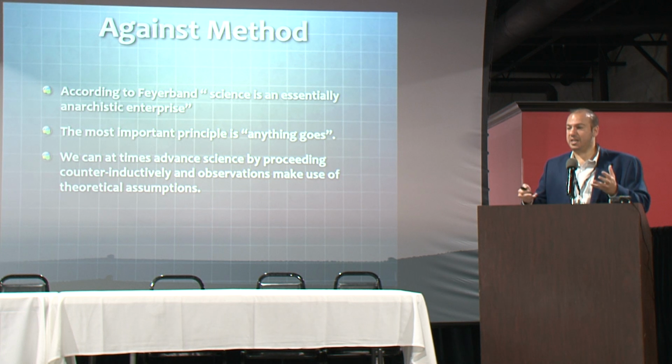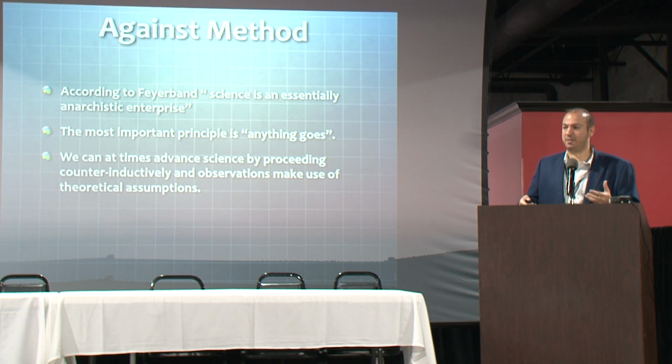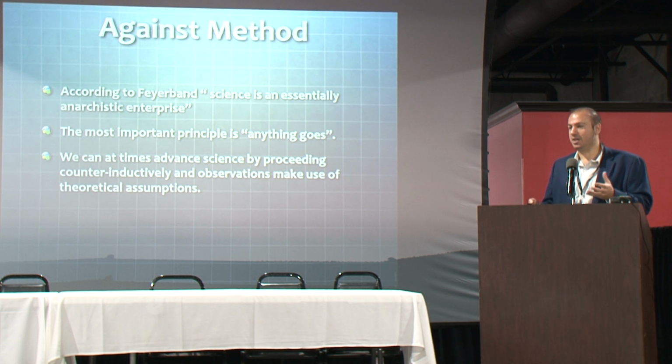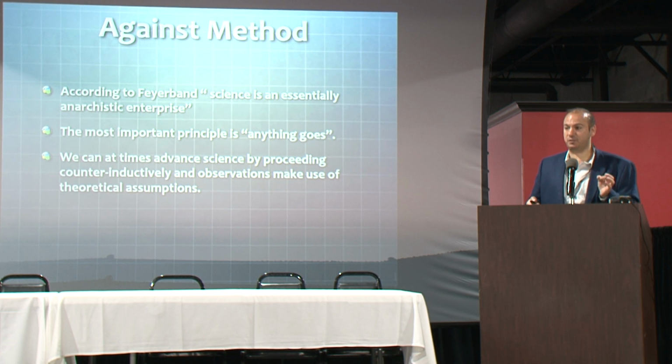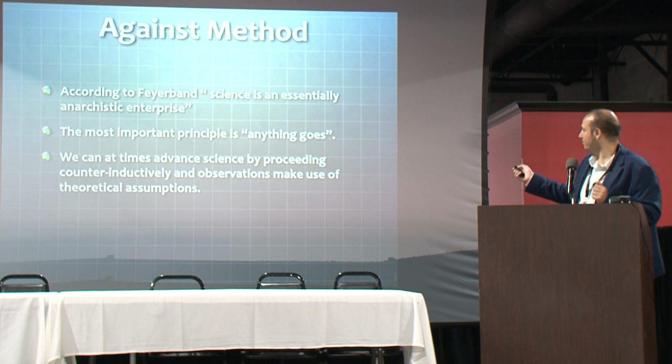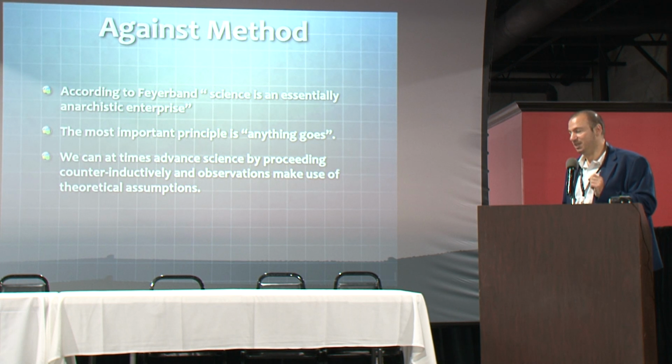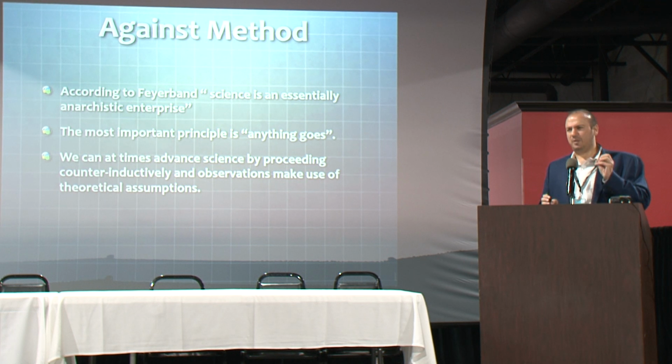It's an anarchic enterprise, where people are allowed to play with method, to play with established truth, not to settle down even for scientific truths. The most important principle is called anything goes, instrumentalism. People think that in science we're trying to find reality, but we might not be doing that.